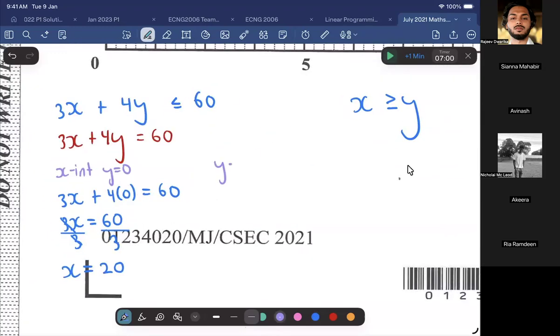What do we know about the y-intercept? X is 0. So tell me what to write in the next line. 3 open bracket 0 plus 4y equals 60. A 3 by 0 is 0, so 4y is equal to 60. And then you divide.